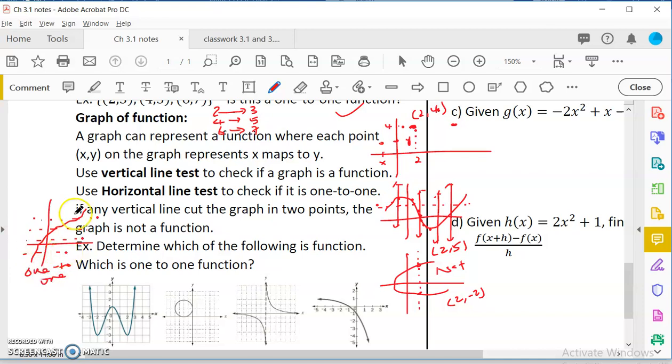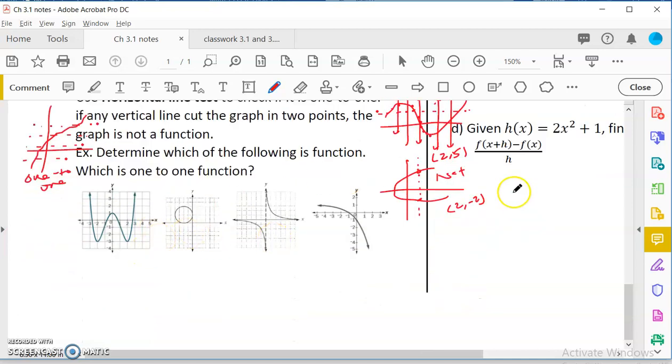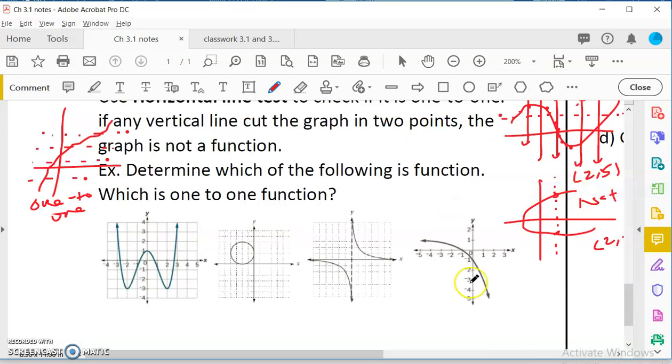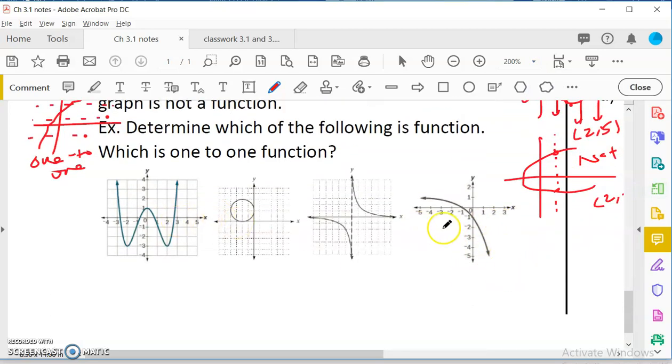Okay, let's look at some examples. Maybe I'll make it bigger because it looks very small. For these 4 graphs, determine if they are a function and if they are a one-to-one function. Let's do the vertical line test. If I go vertical, there's only 1 point, so this is a function. But is it one-to-one?